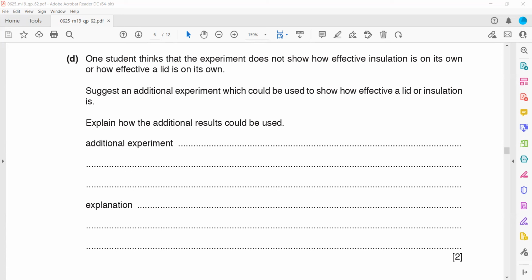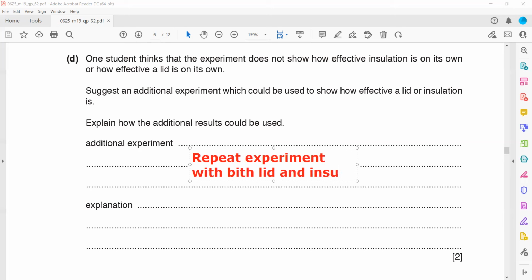We should do this because for a fair comparison, the parameters should be the same. So one experiment we did with insulation, one experiment we did with the lid, and what will be the third experiment? So we should repeat the experiment with both lid and insulation.